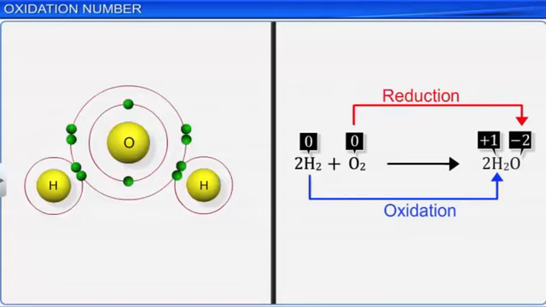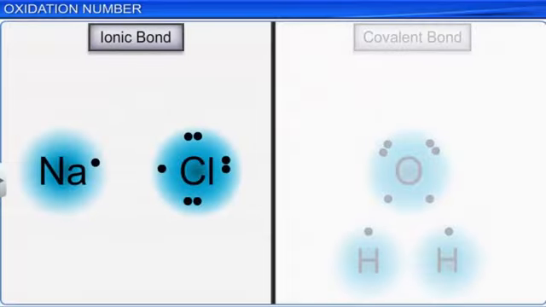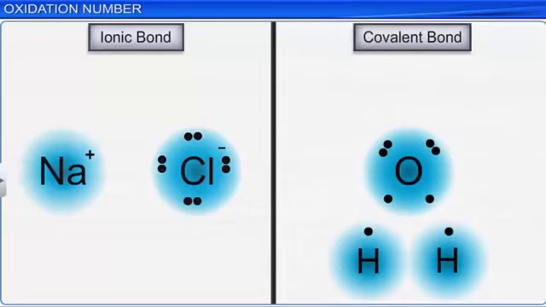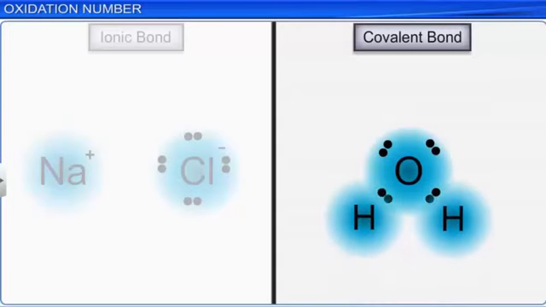This we can predict is due to the transfer of an electron from hydrogen to oxygen. Unlike ionic bonds, a complete electron transfer does not occur in covalent bonds. Instead, there is a partial transfer of electronic charge. This is known as an electron shift.